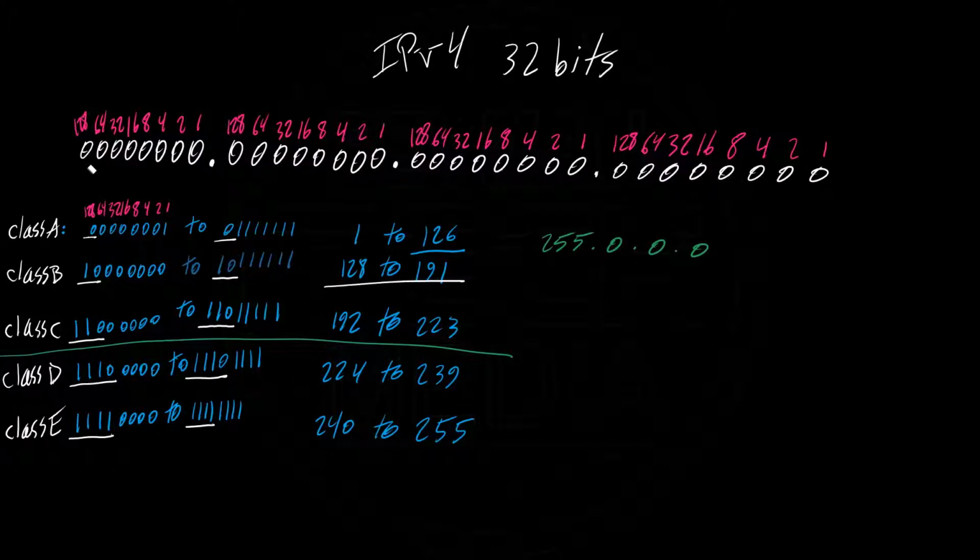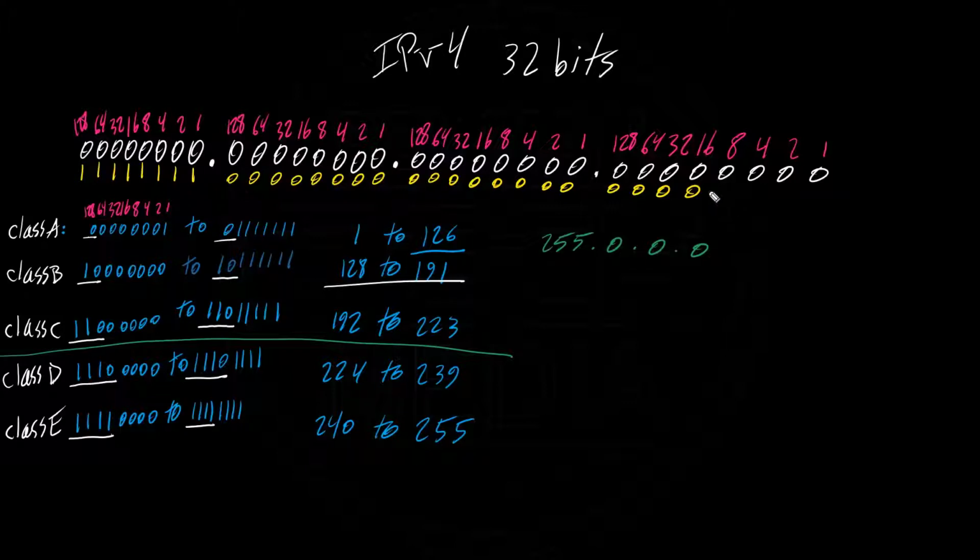So for class A, if I write down all the bits here for the subnet mask, we have the first octet all turned on, and the rest pretty much all turned off. These are the subnet mask address. And 1s represent the network bits, 0s represent the host bits.